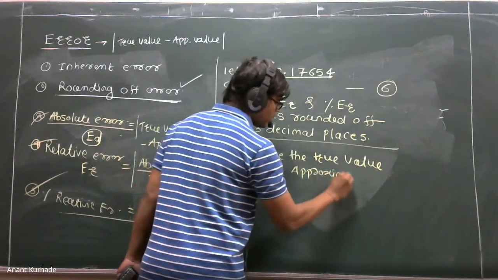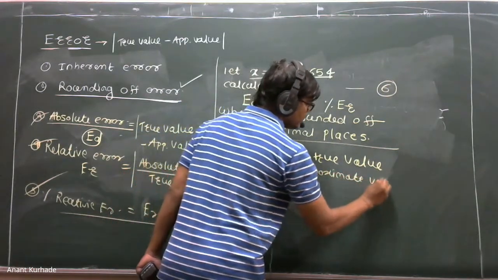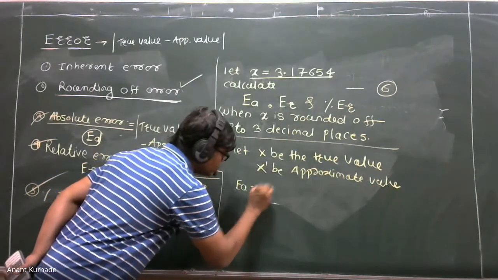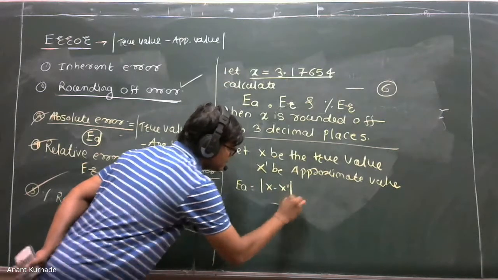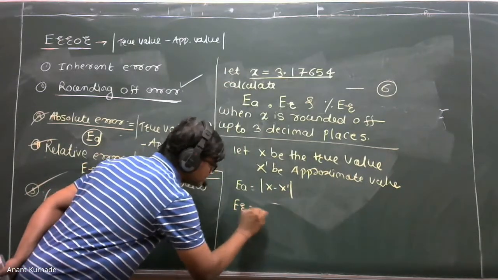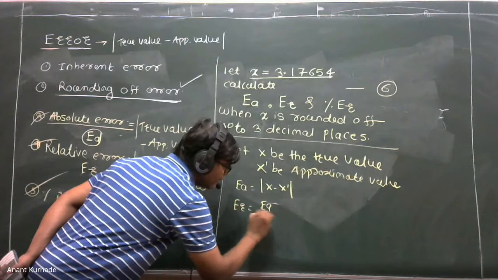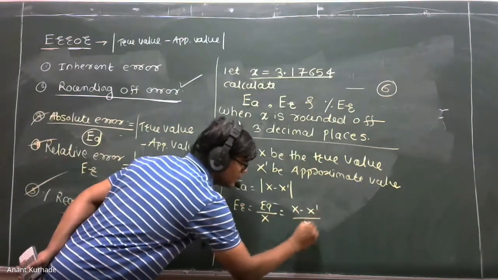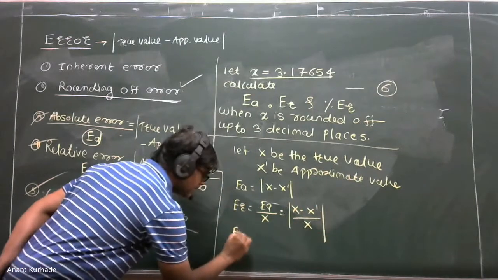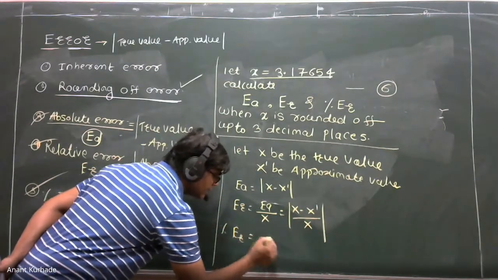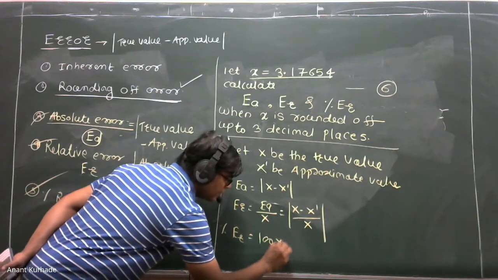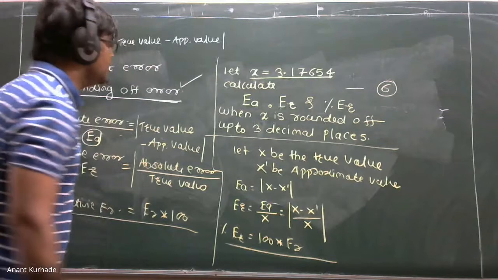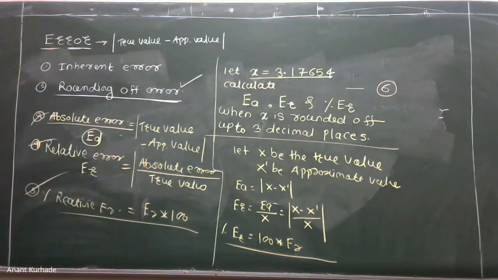Then we can write the formula: EA is equal to x minus x dash. ER is equal to EA divided by the true value x, that is, x minus x dash divided by x. And percentage ER is equal to 100 into ER. Just remember this, and we can solve this problem.